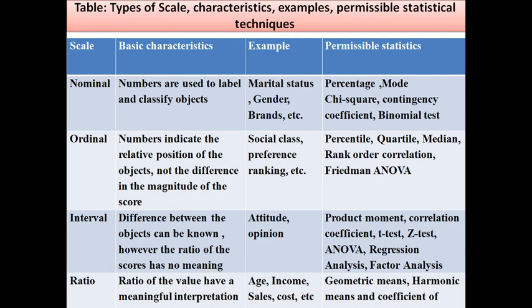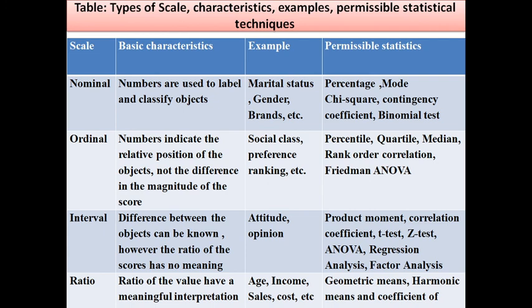In our example we discussed the students of the class, and there the name of the student or the class roll number can be considered as nominal scale. Examples are marital status, gender, different types of brands. If these types of responses are sought through a questionnaire or other data collection tool, then that can be called nominal scale.